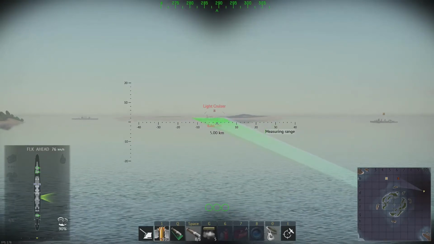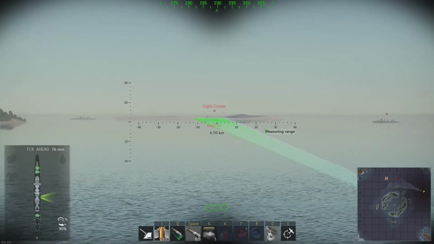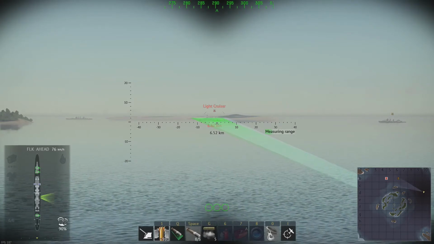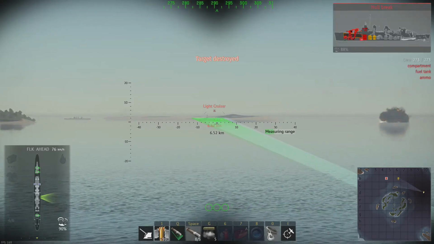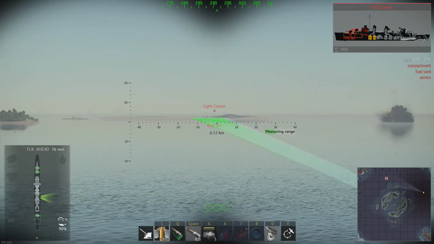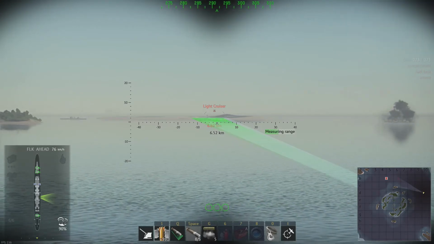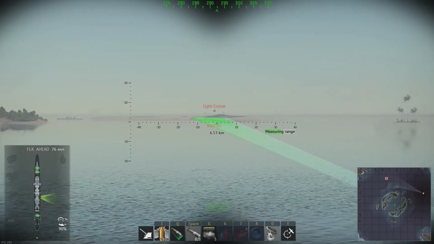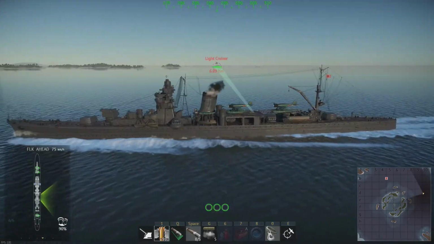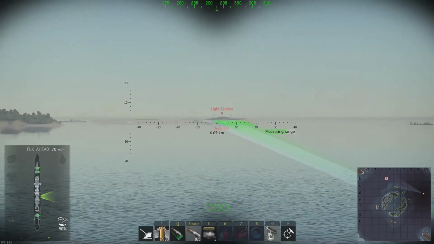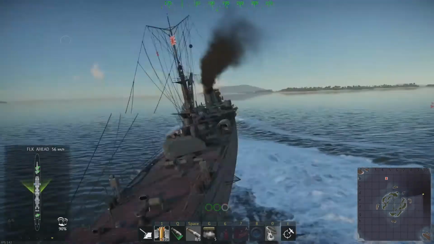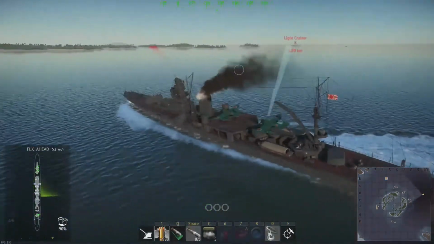And for this one, it's about 6.7 kilometers away. Torpedo impact. About 4 minutes. That one was a hit. I didn't have to compensate or anything, because it's not moving.